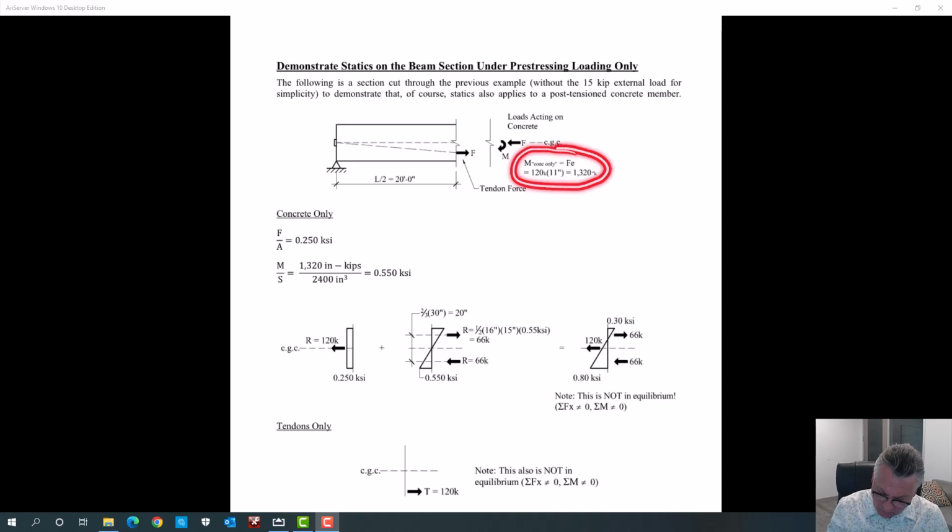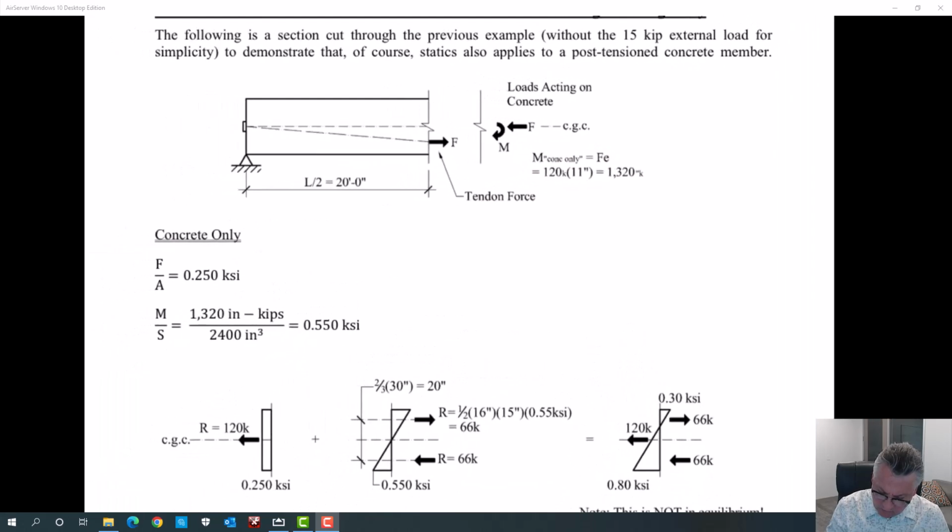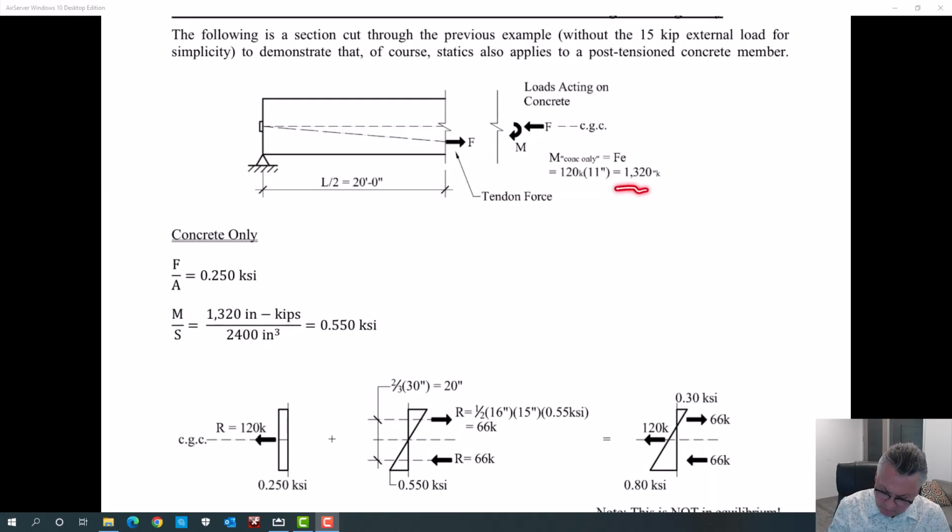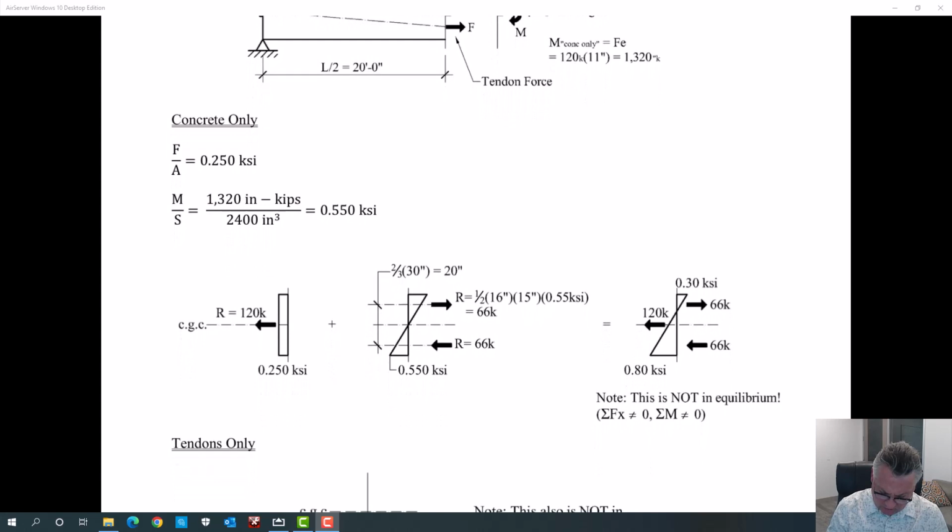I've jumped a little bit. 120 kips times 11 inches, 1320 inch-kips. M over S, hopefully you'll buy into it. The difference is we don't have the applied load that we had a minute ago. So just due to pre-stressing, we have 550 PSI, 0.55 KSI top and bottom. So we have that here, and we have that here.